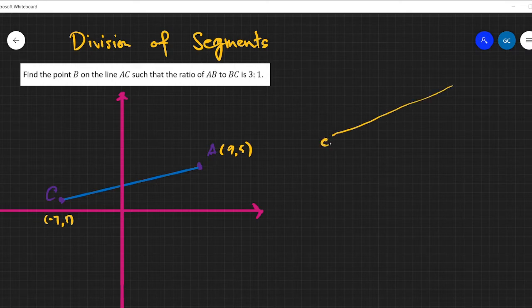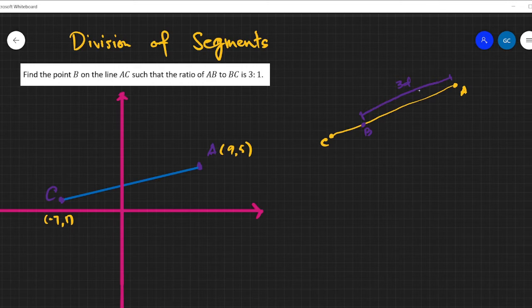So we have here point C, and we have here point A. In our problem, we are expected to find point B, which has a ratio of distance for the line segment created by point BC and the line segment created by point A. The distance between point A and B must be proportional.